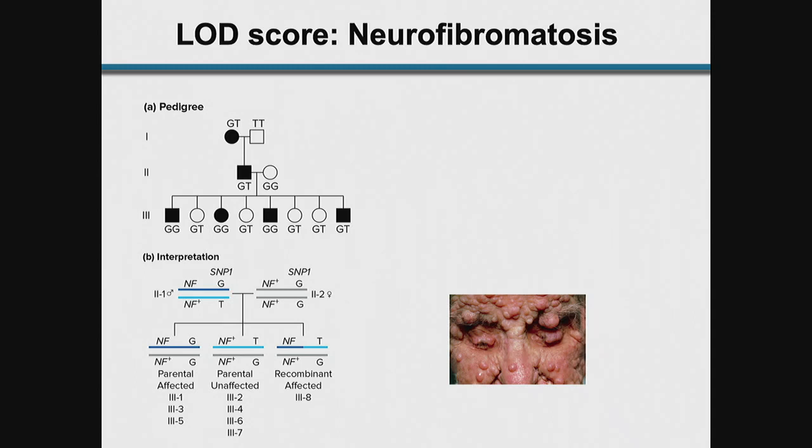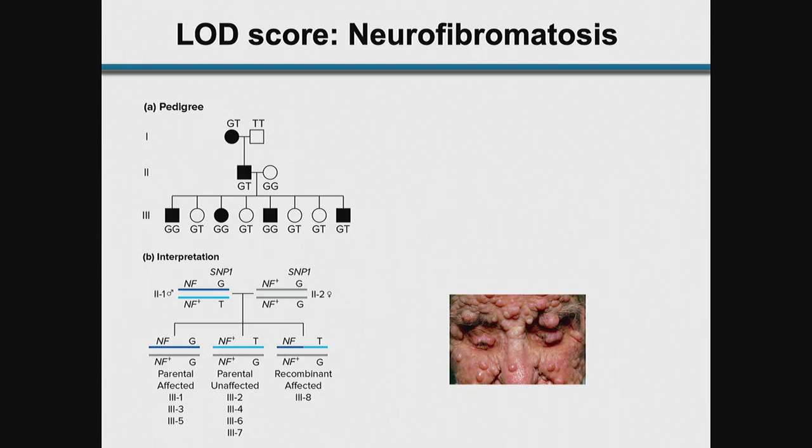So our question in this pedigree is exactly analogous. Is this marker, this allele, the SNP1, linked to the neurofibromatosis gene, or NF locus? Is this linked? We're going to calculate a LOD score for this.